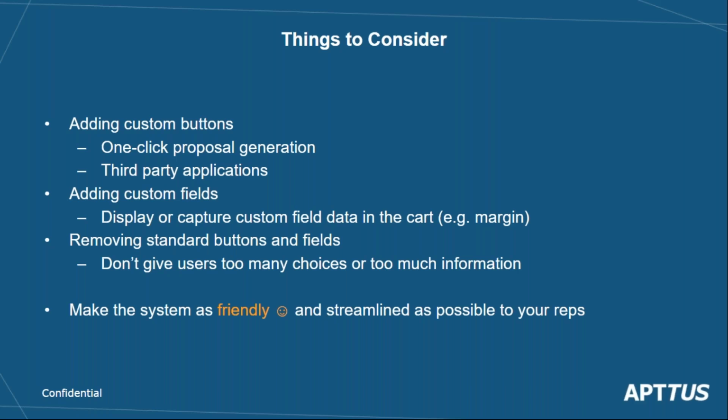Like the extended price, base extended price, as I said, that is something that is confusing, and not everybody knows the formula behind it. So we can remove that field from the cart page, and we have to make sure that we make the system as friendly and streamlined as possible, so that the reps can easily use the UI and proceed to help the customer.